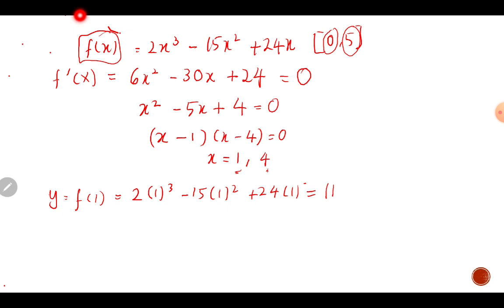Okay, let me check: 24 plus 2 is 26, minus 15 is 11. Okay, correct, 11.